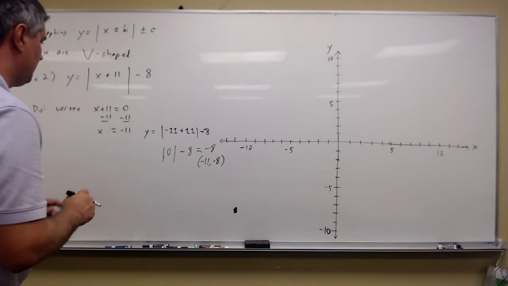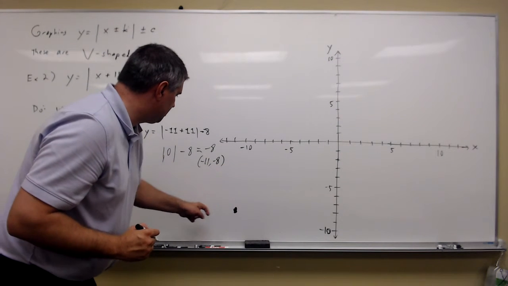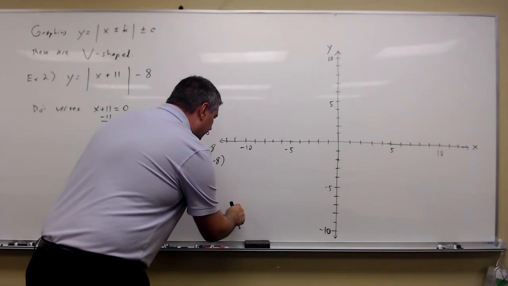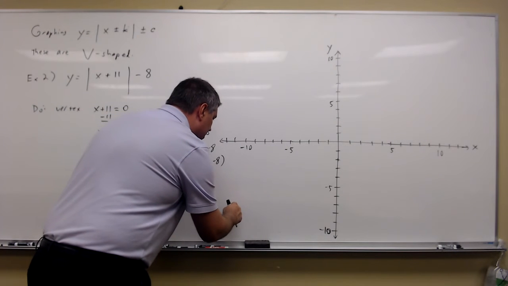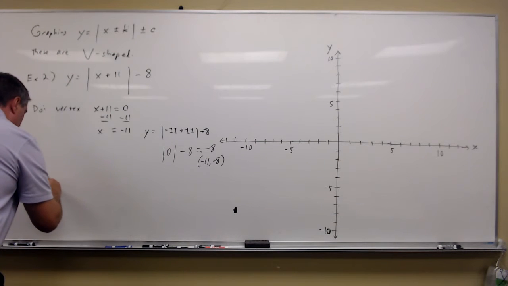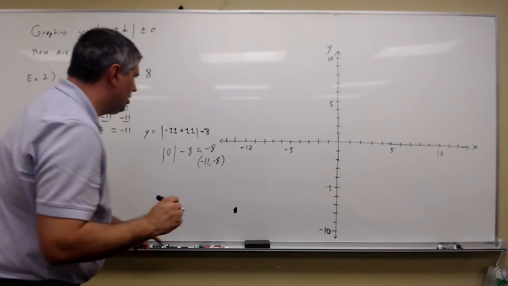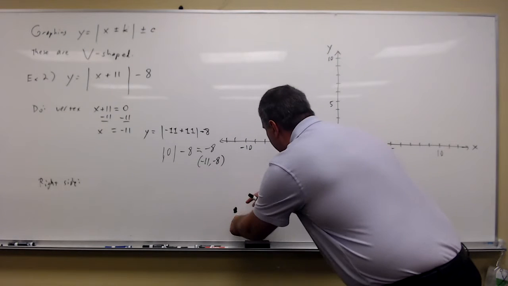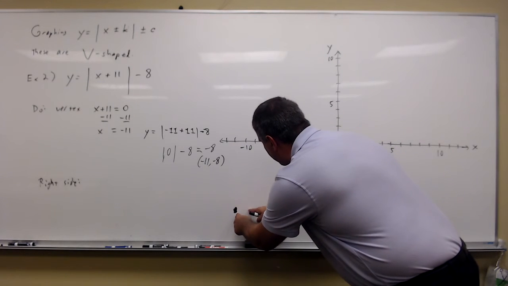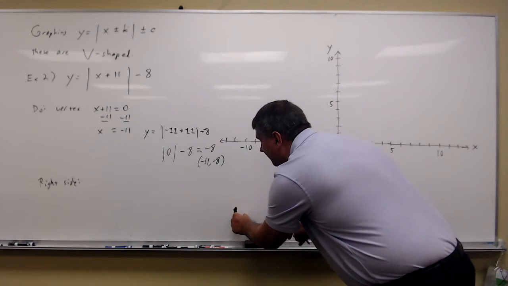Okay, so that's the vertex. So we're expecting a V shape, so I'll start at the right side. Right of negative 11 would be negative 10.